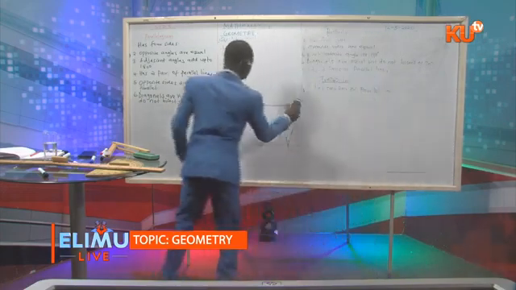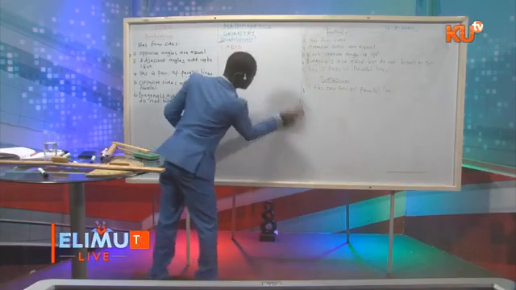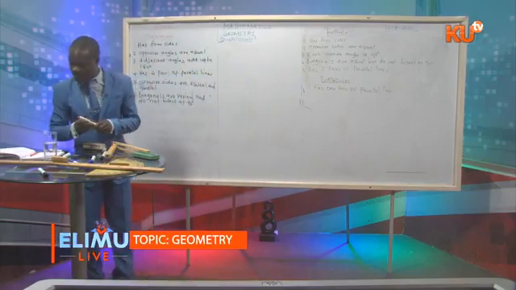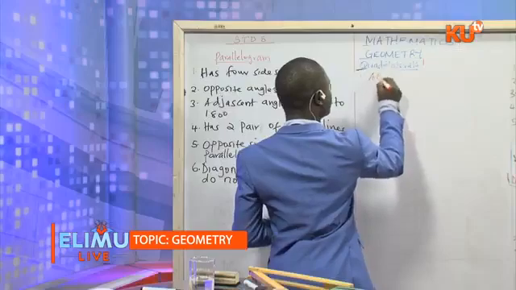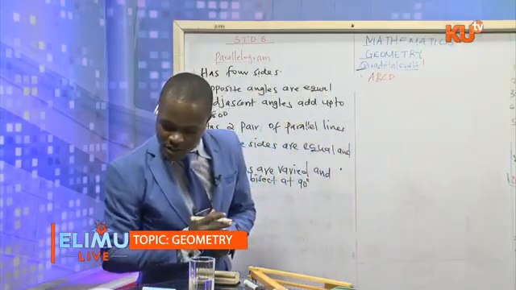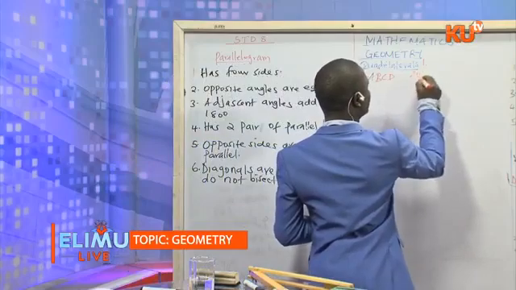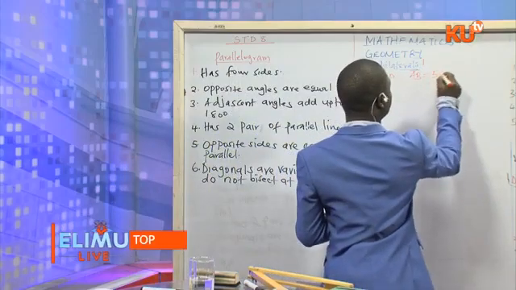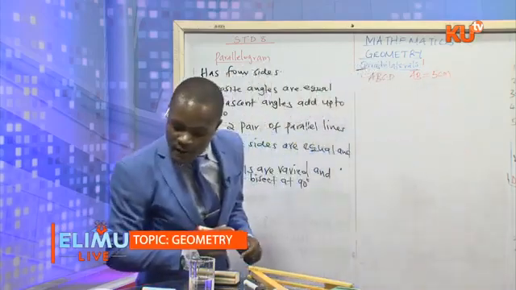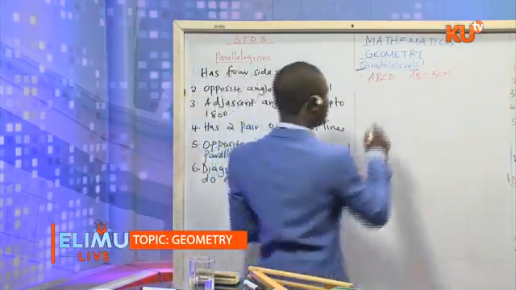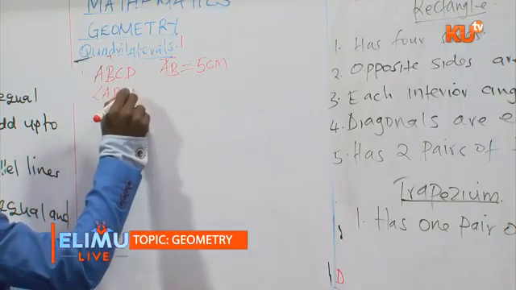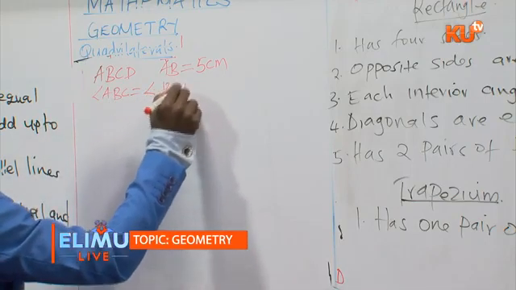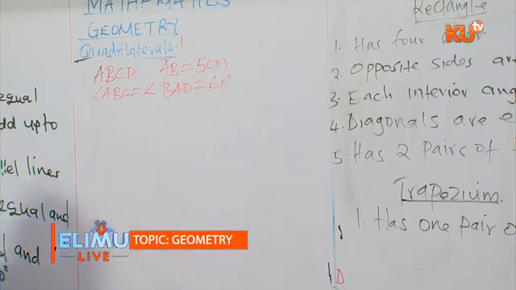All right, so I want us to construct trapezium ABCD, such that line AB is 5 centimeters. Angle ABC is equal to angle BAD, which is equal to 60 degrees.